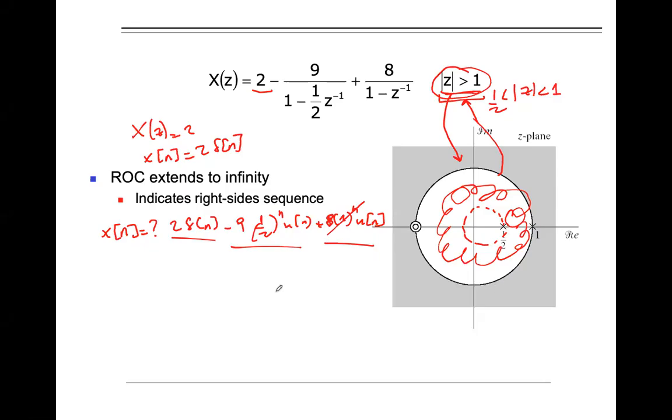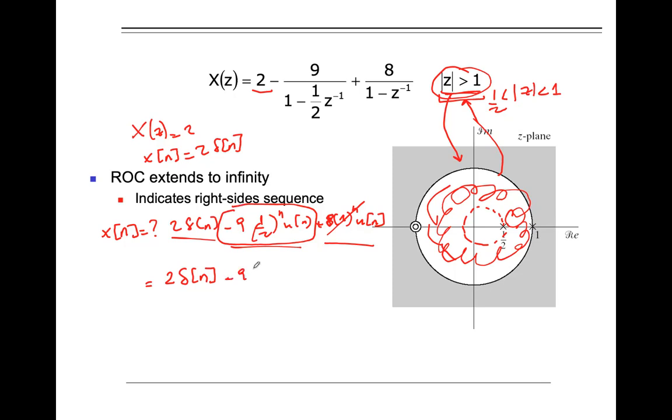So what would be the case if I shade this area? İkbal? Shall I change the Dirac n part? I guess no. So will this part change? No, it's still the same, it's still right-sided.